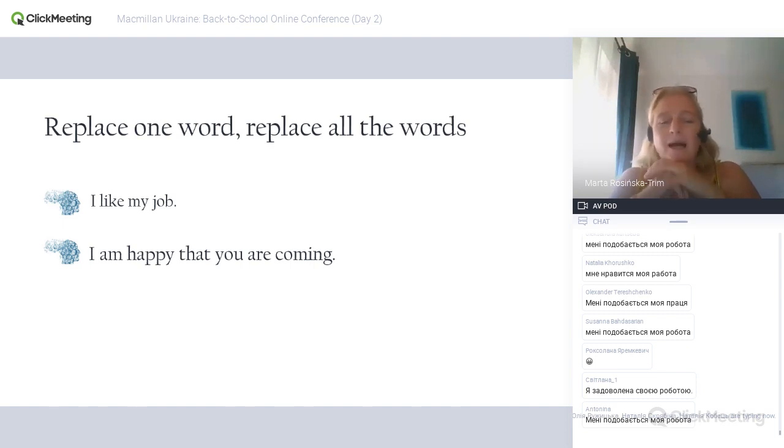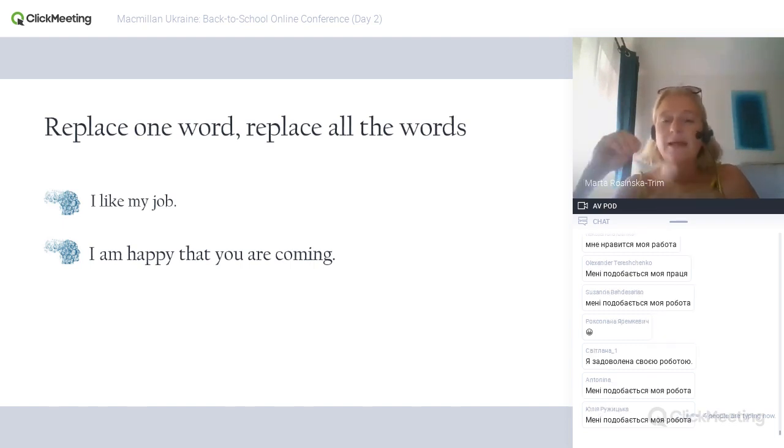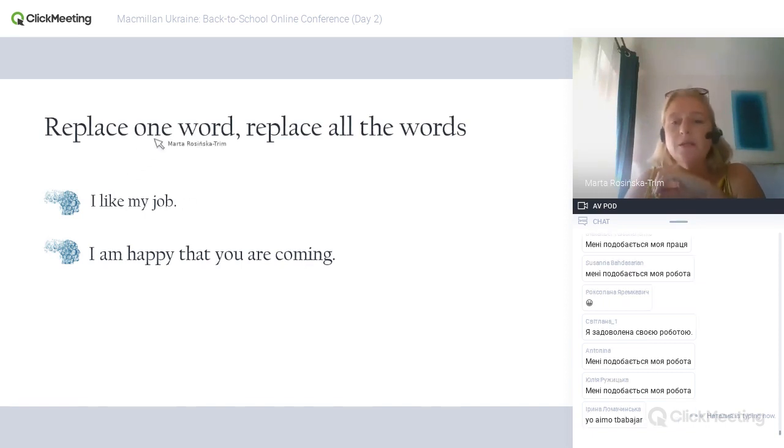Okay, anyway, I give the students these sentences in their native language, not in English. In your case, they have to be in Ukrainian, okay? And with lower level students, I say, okay, I want you to work in pairs or groups, and I want you to paraphrase one word from each sentence, but make sure you keep the meaning. Yes, the meaning is retained.